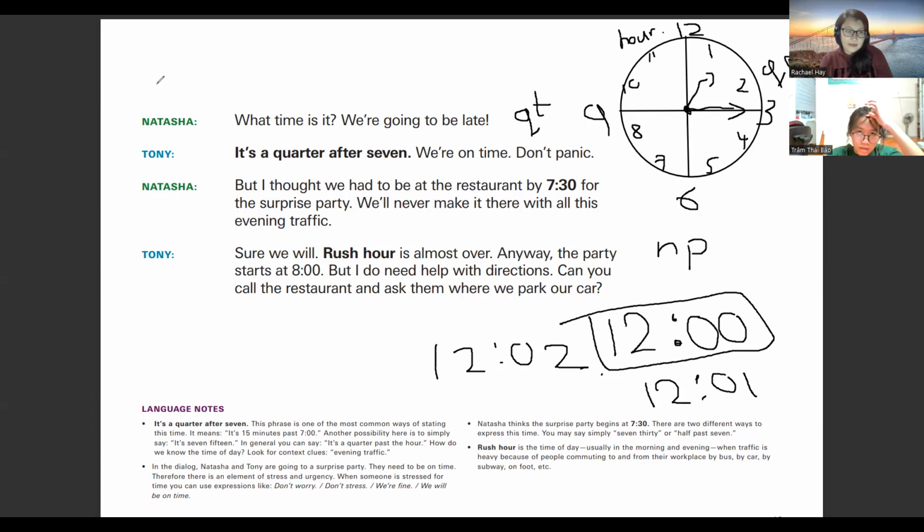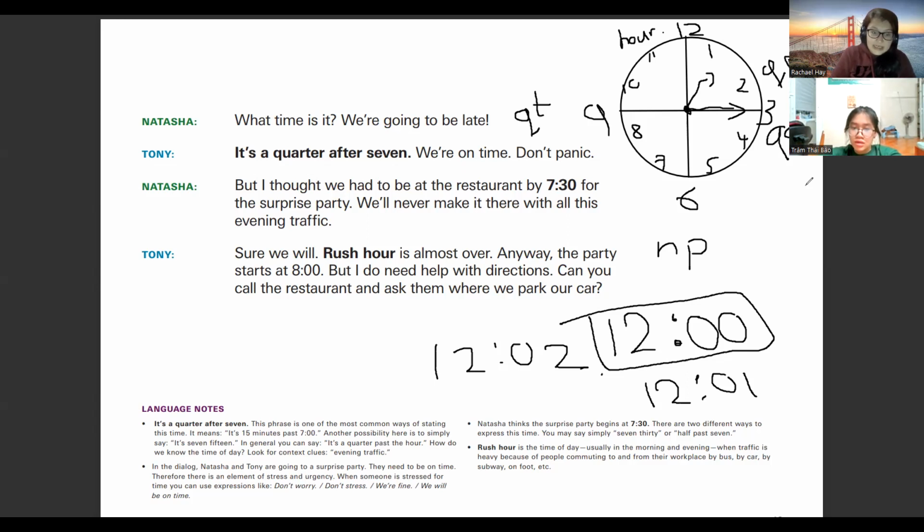Okay. Yeah. So now we're going to look at the rules that they give us at the bottom. So the language note. It's 7:15. Okay. So we can either say quarter past or, like what they said, quarter after. So this is one of the most common ways of stating this time. It means 15 minutes past 7, which you know.